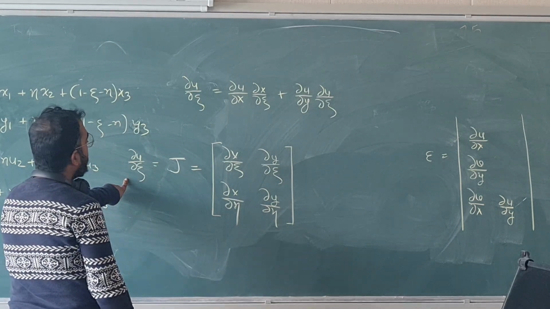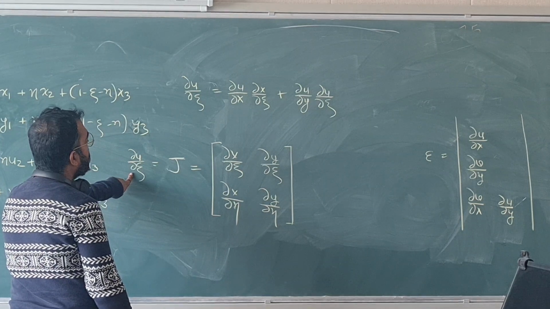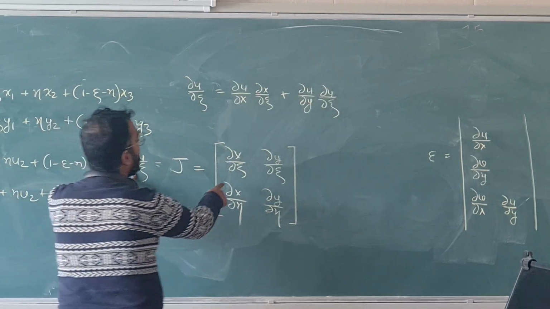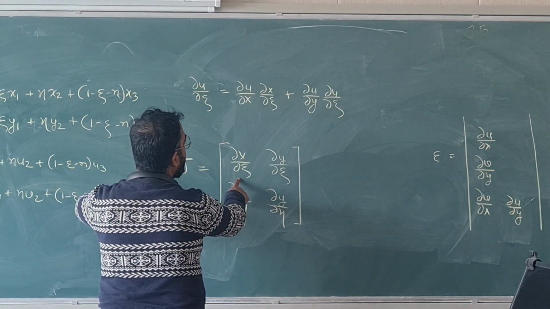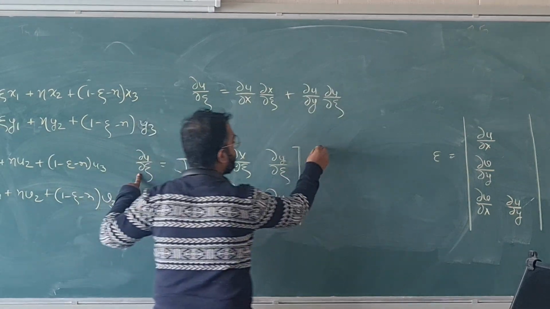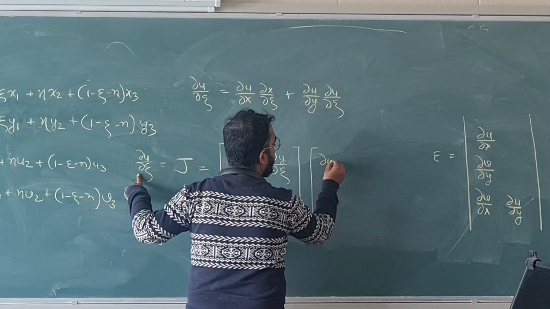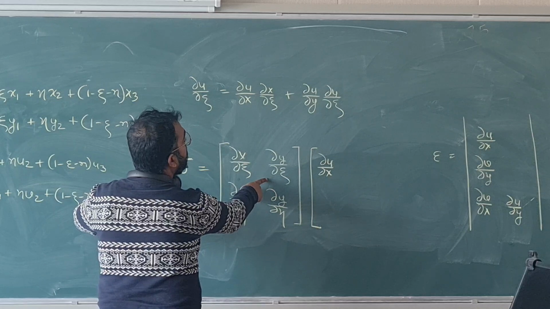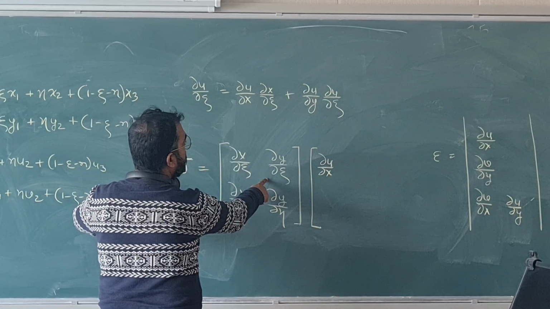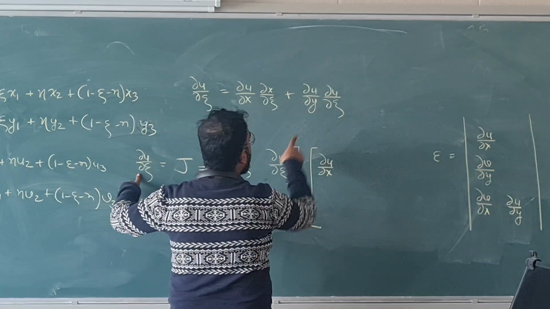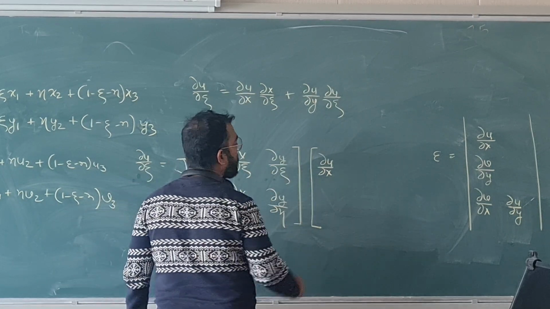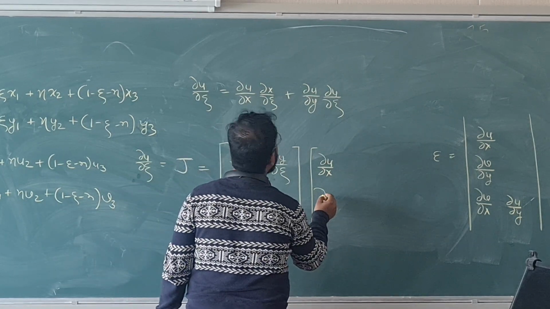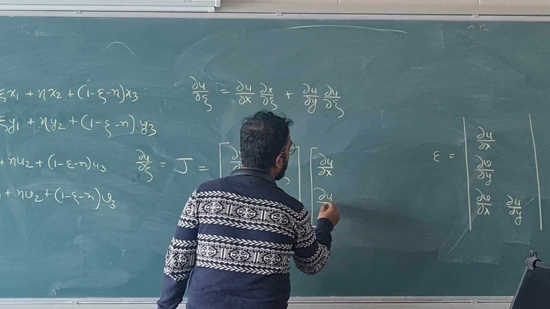So del u by del epsilon will be equal to del x by del epsilon into del u by del x, and then del y by del epsilon into del u by del y. So this is correct. So this is the Jacobian, and here I will have del u by del y.